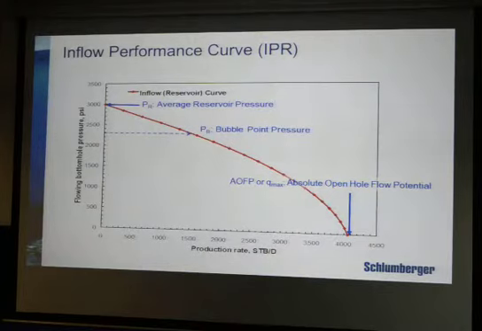So this is the IPR. Most of you must have seen this done in your experiments, research or papers. What we see before the bubble point pressure is reached is a straight line because it's single-phase flow. Stabilized test, you mean at a particular stable production rate?